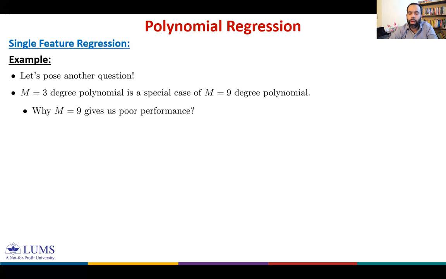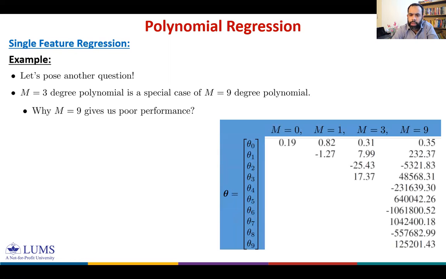To answer this, we look at the value of the coefficients we get when we solve the polynomial regression problem for different values of m. So we talked about m equal to 0, 1, 3, and 9. If you find coefficients for these values of m, we get these coefficients.